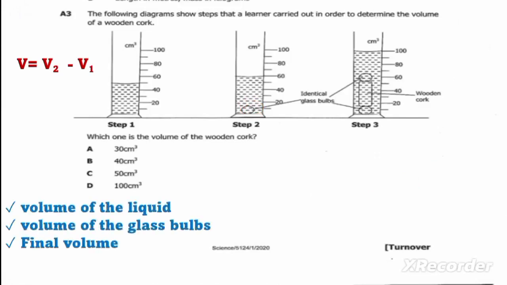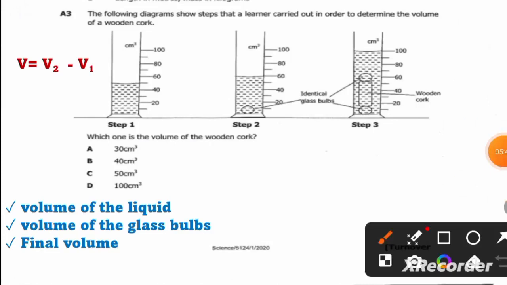The first thing that we need to do is to identify the volume of the liquid and the volume of the glass bulbs. The volume of the liquid is 50 cubic centimeters. Then the volume of the bulb is 10. Here we can see that we have two identical bulbs, which means the volume of these two glass bulbs is 20 cubic centimeters.